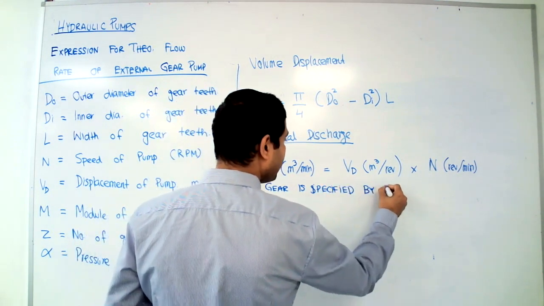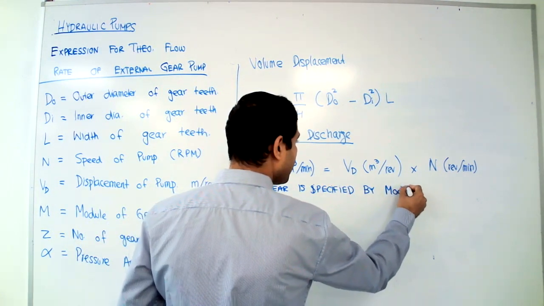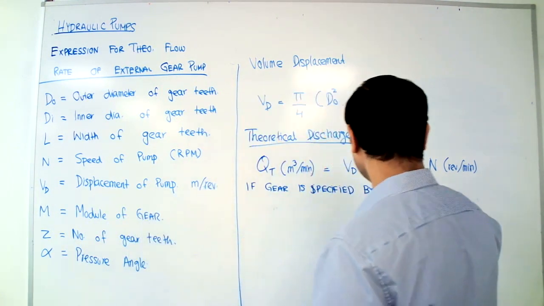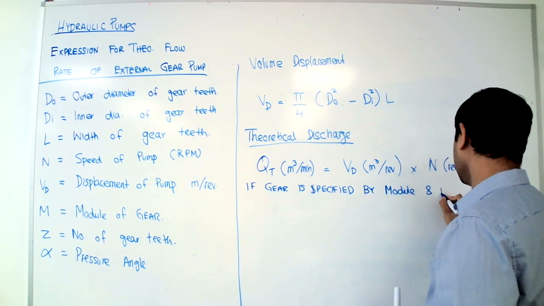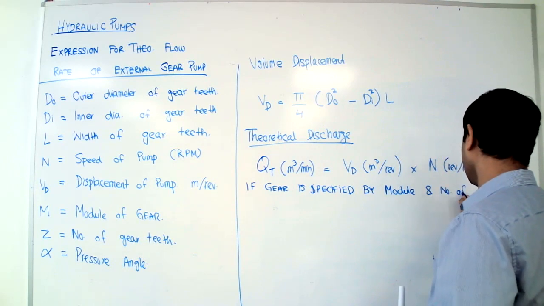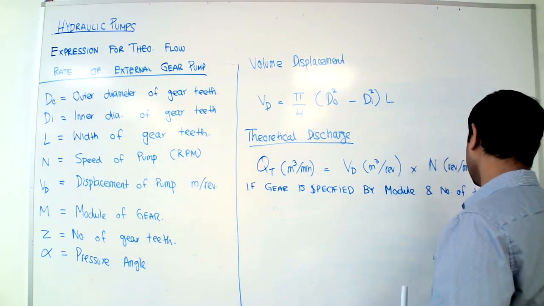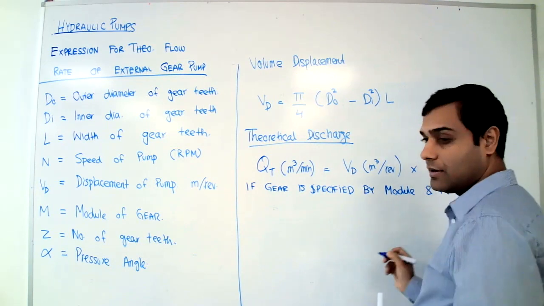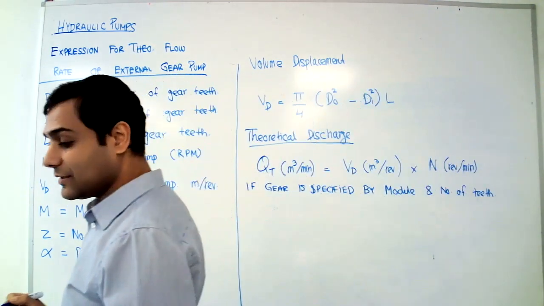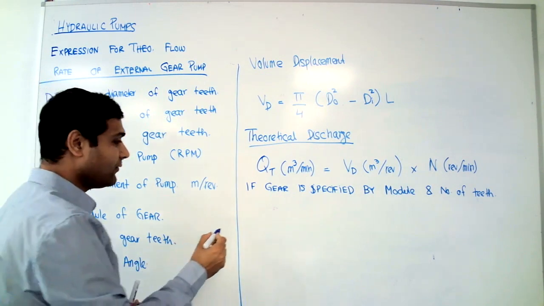When specified by module number and number of teeth on a gear, the theoretical discharge has a different formula.